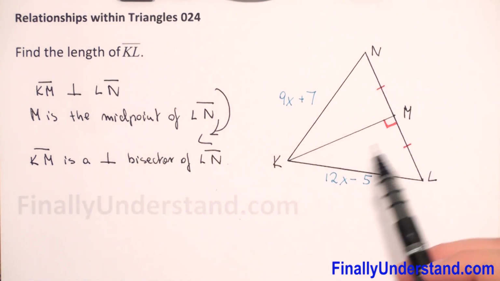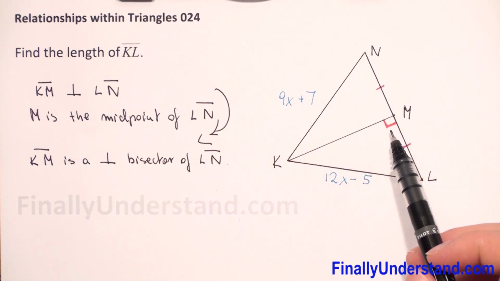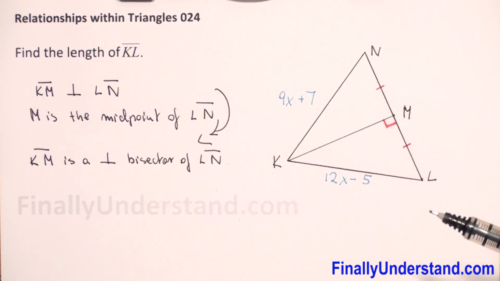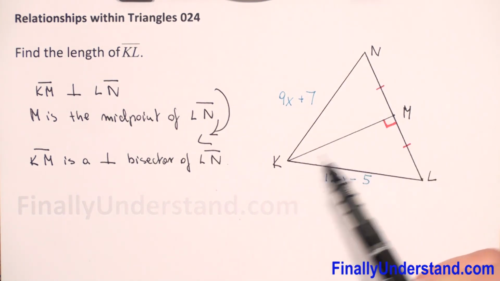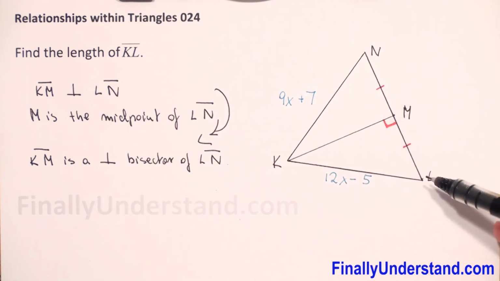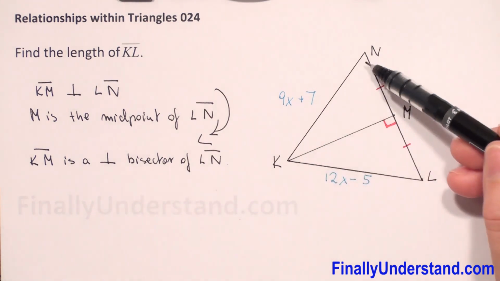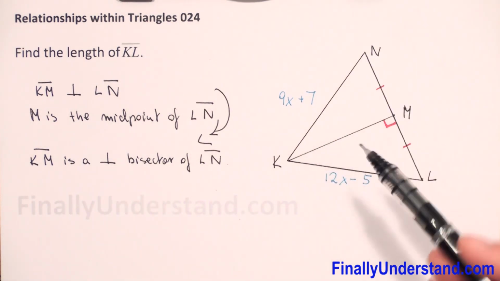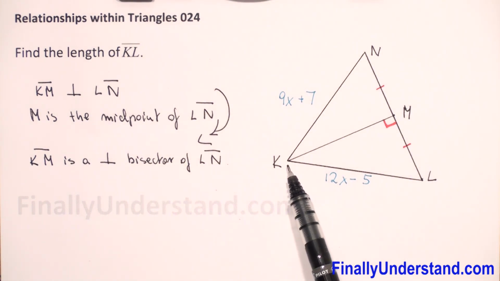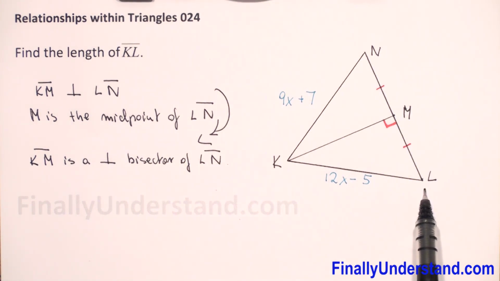So if KM is a perpendicular bisector of LN segment, we can use the perpendicular bisector theorem, which tells us that now if KM is a perpendicular bisector of LN, it means that KN side is congruent to KL side.